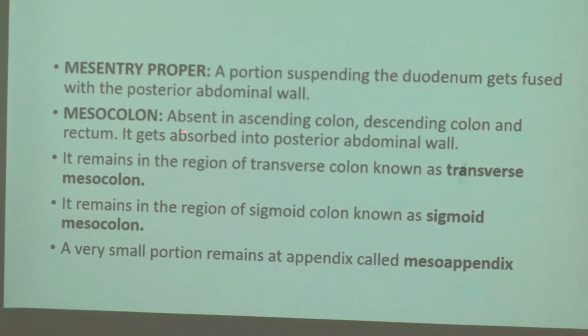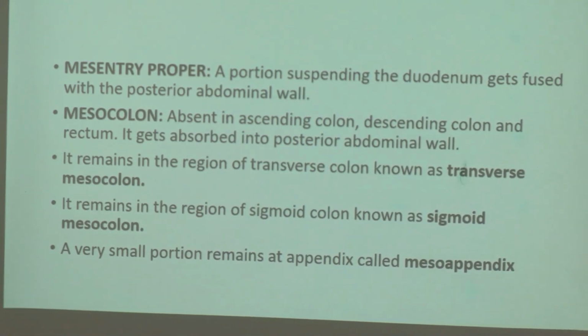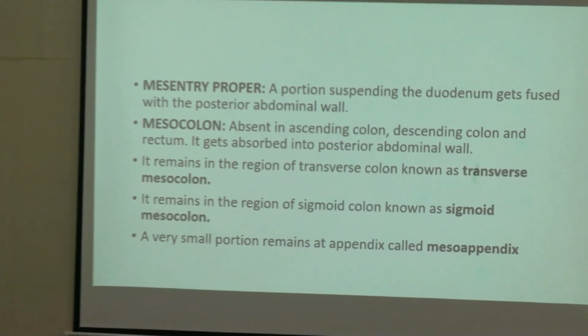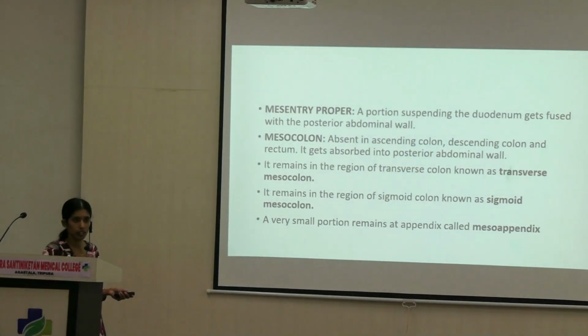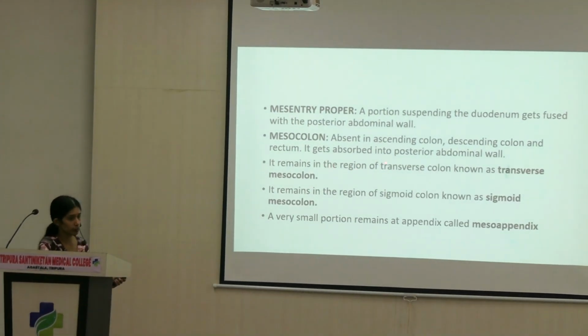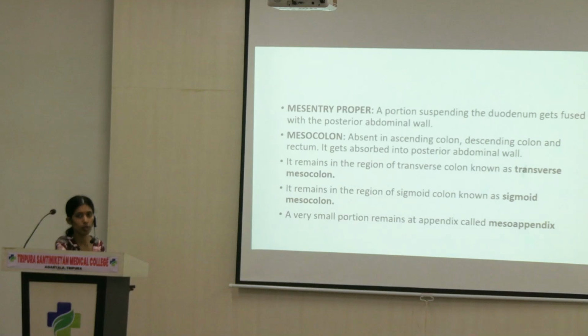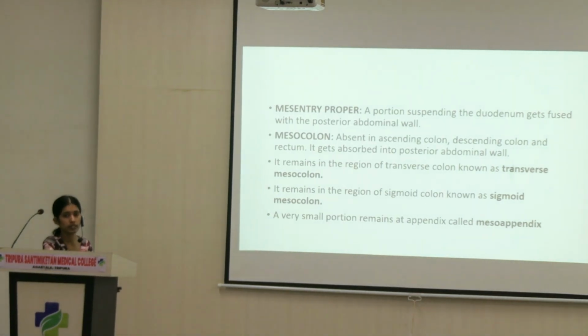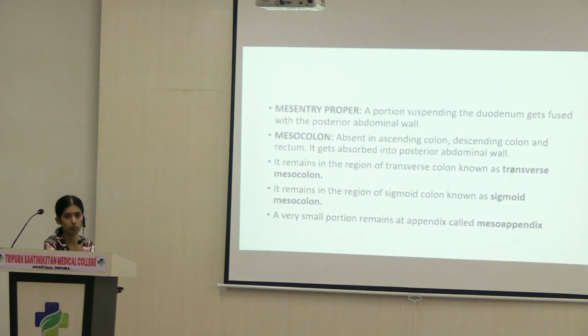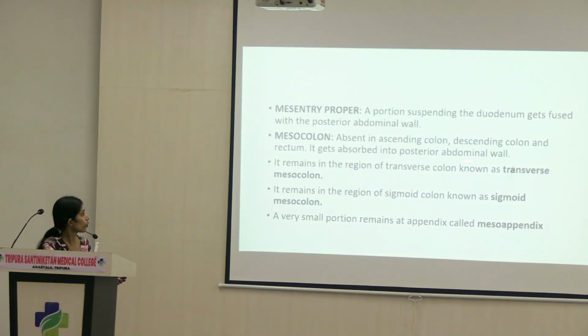So your mesocolon will generally get absorbed into your posterior abdominal wall region, but it will remain in the transverse colon, sigmoid colon and appendix region. It is called transverse mesocolon, sigmoid mesocolon and mesoappendix respectively. What about the mesentery proper, a portion suspending the duodenum gets fused with the posterior abdominal wall?